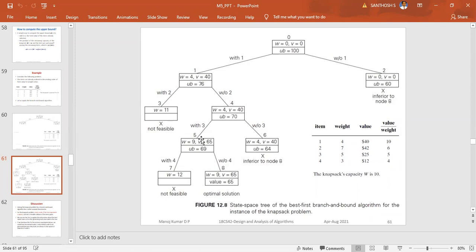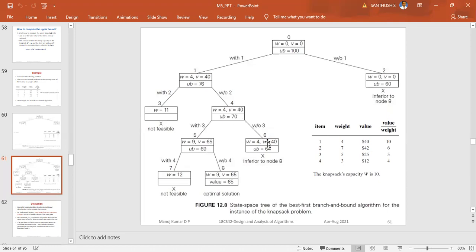With 3, leaving the 2 part, you get 5 plus 4, which is equal to 9, and value 40 plus 25 is equal to 65. What upper bound do you get? The upper bound is equal to 69.